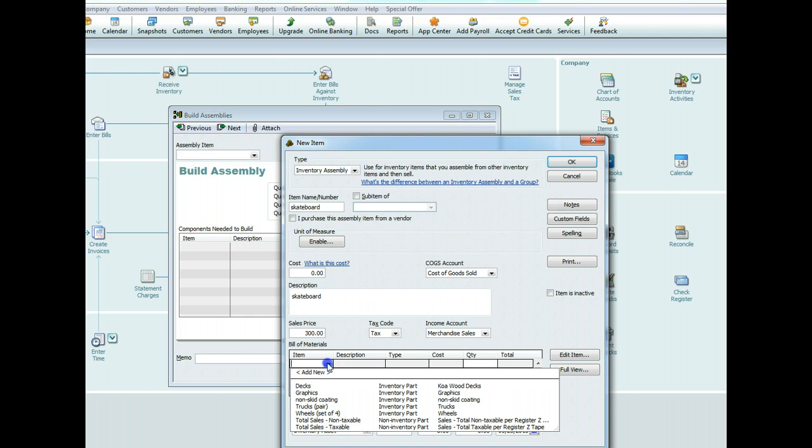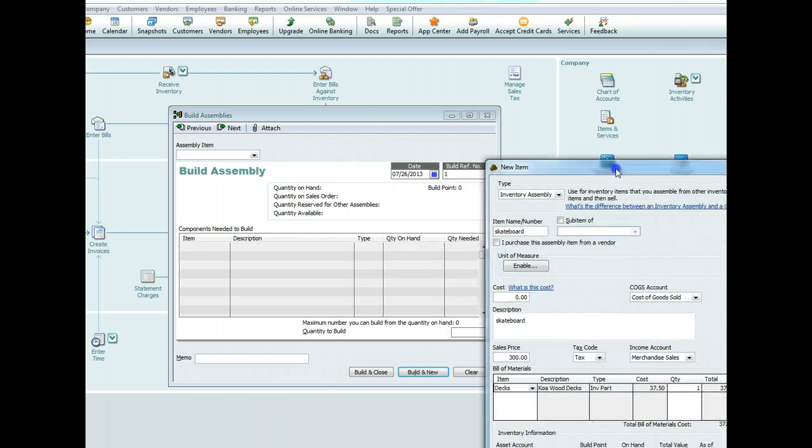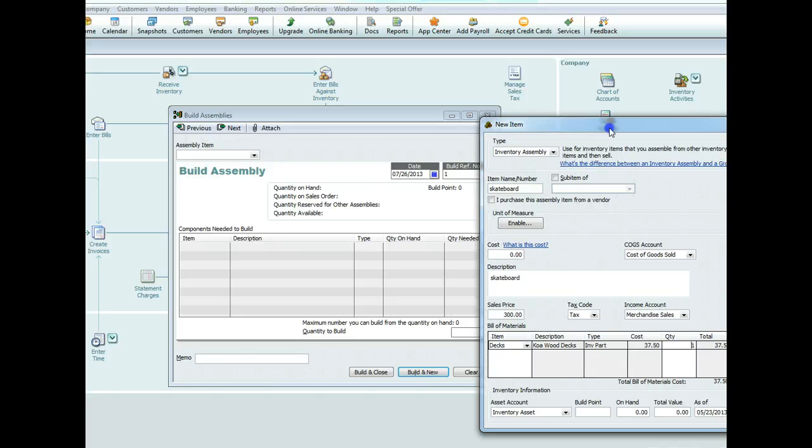Now we got to do our materials. So we're going to use one deck. I don't know why it's telling me cost is $37.50. 7/26/2013. That's the problem.